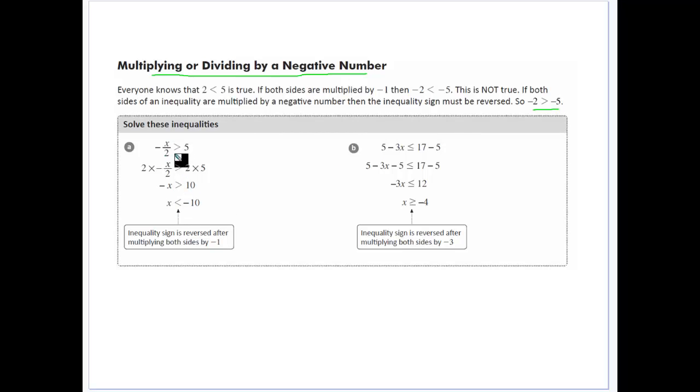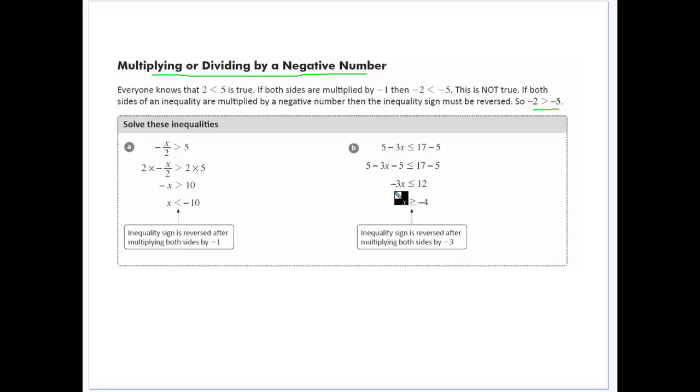So we're solving this equation, minus x on 2, so we multiply by 2, which gets rid of our fraction. We've got minus x is greater than 10, which means we've got to get the negative across to the other side. Because we multiply by -1, we change the sign. Notice the sign changed from greater than to less than, so x is less than -10. Same thing here, we've solved our equation, we've taken our 5's across and done our subtraction.